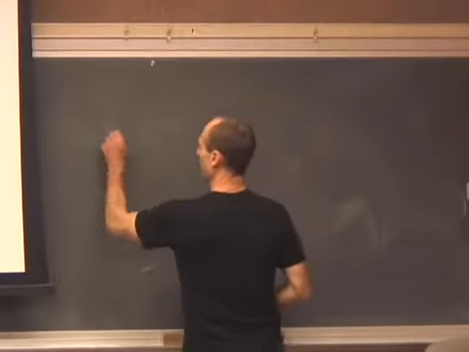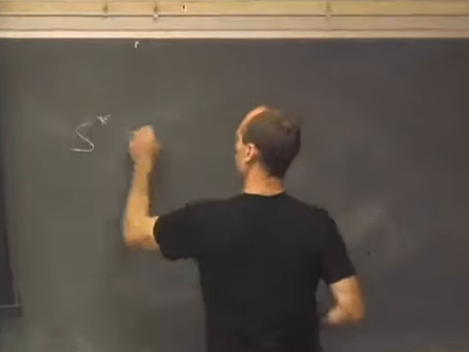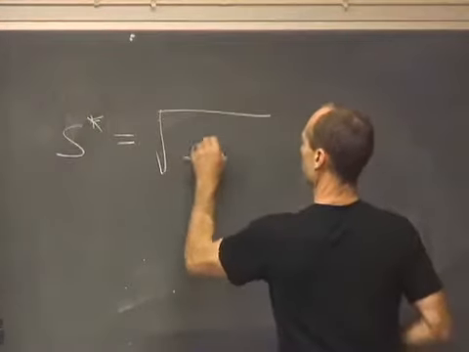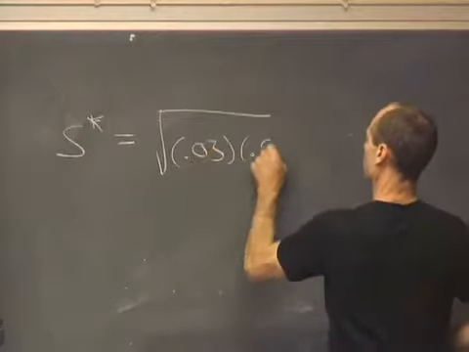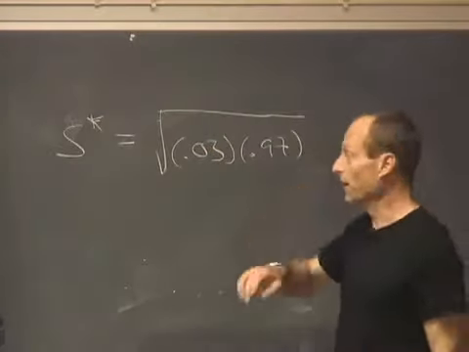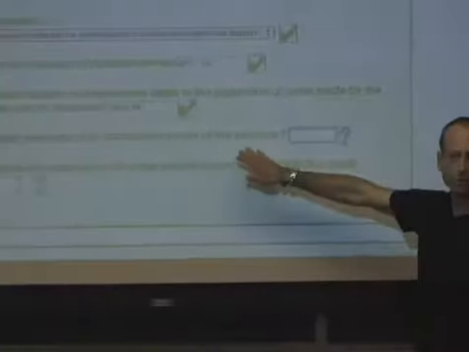Okay, so our bootstrap estimate of the SD of the box is S star, which is going to be the square root of 0.03 times 0.97, right? Then how do we turn that into an estimate of the standard error?